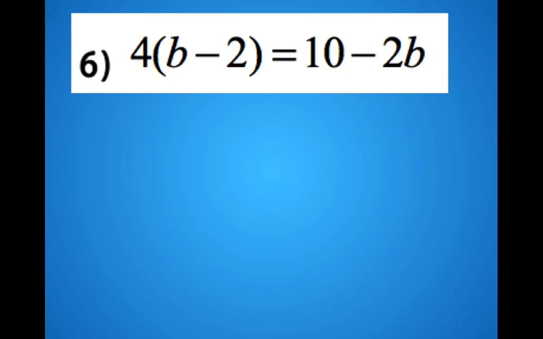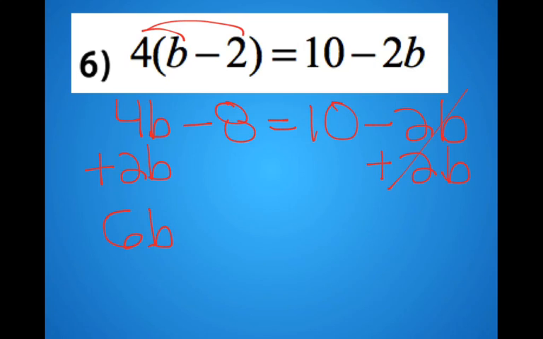We're going to have a little distributive property here again, so that'll be 4b minus 8 equals 10 minus 2b. And now we need to get our b's together, so I'm going to add 2b to each side. That cancels out. 4b plus 2b equals 6b minus 8 equals positive 10.